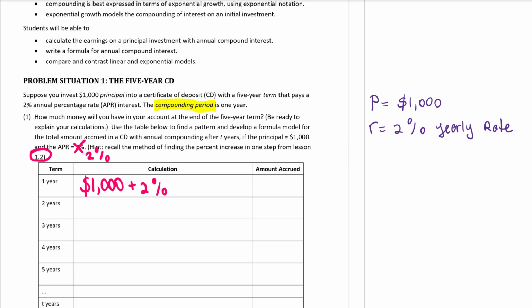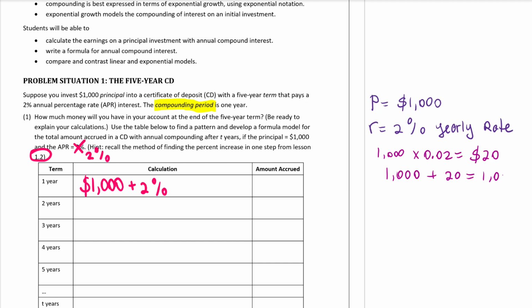All right, so if you've done the calculation by taking $1,000, multiplying it by 2%, getting $20, and then adding 1,000 to 20, that's all right.